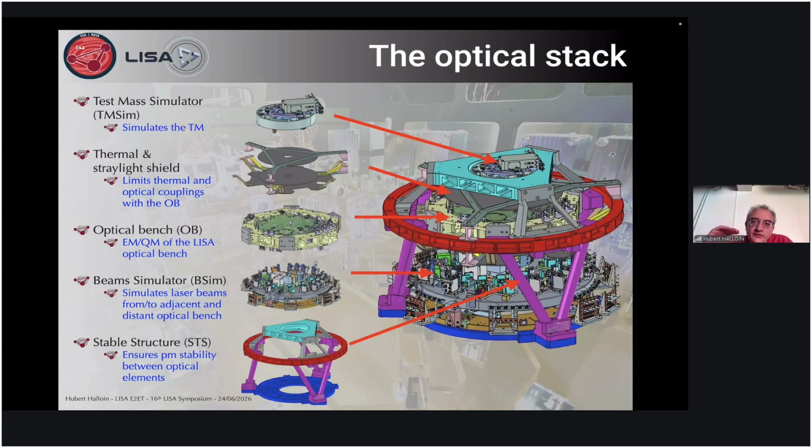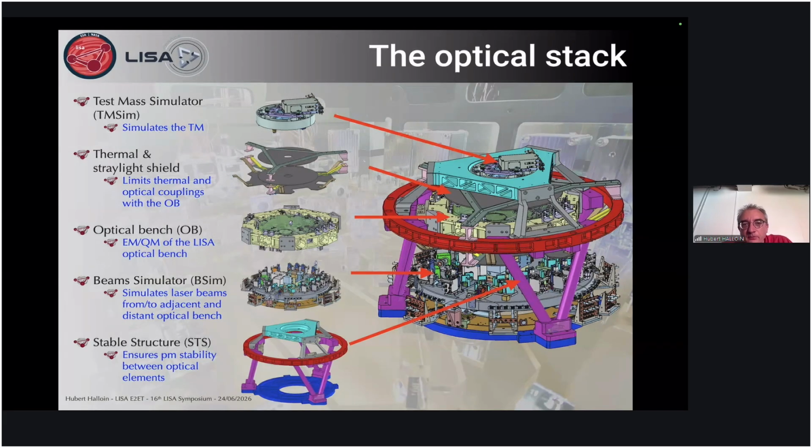And on top of it, you have a test mass simulator that will be used, as its name states, to simulate the test mass. It's basically an extremely precise and stable steering mirror to stimulate the movement of the test mass and see the reaction of the optical bench.